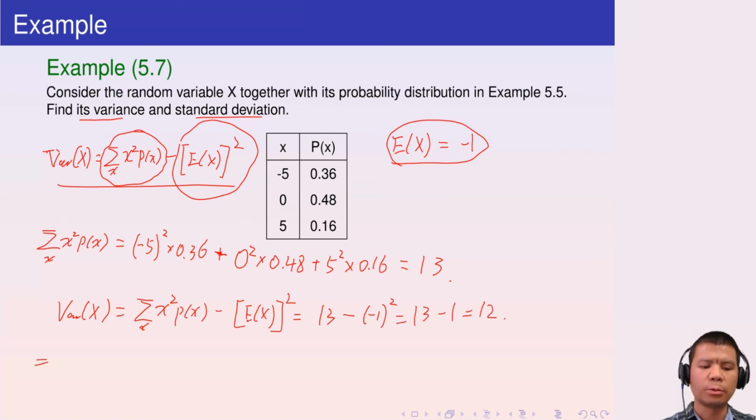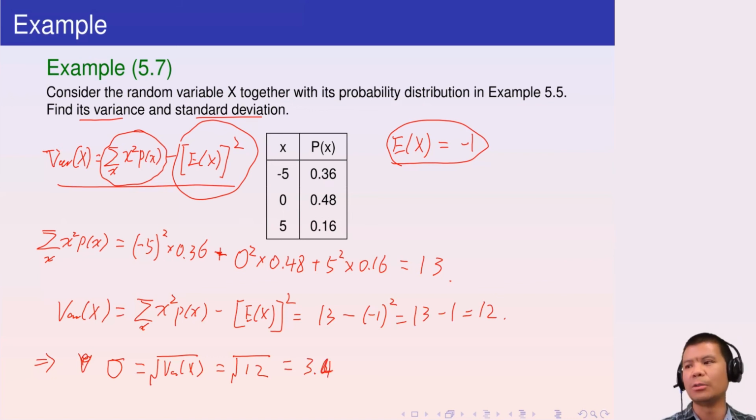So this implies the standard deviation sigma equals the square root of the variance, equals the square root of 12. You can calculate this with a calculator; I think it is 3.46, I forgot the value. You can round to 3 decimal places, but you can also just leave it like this. That's the standard deviation.